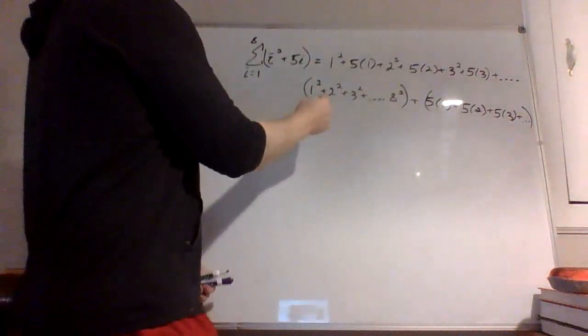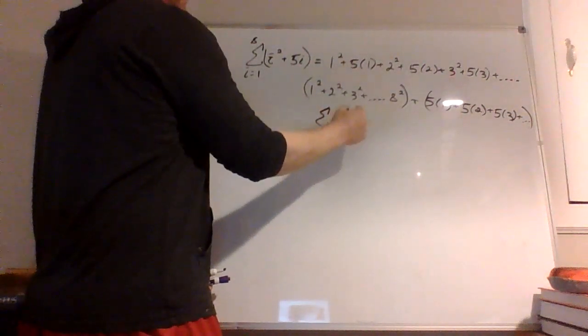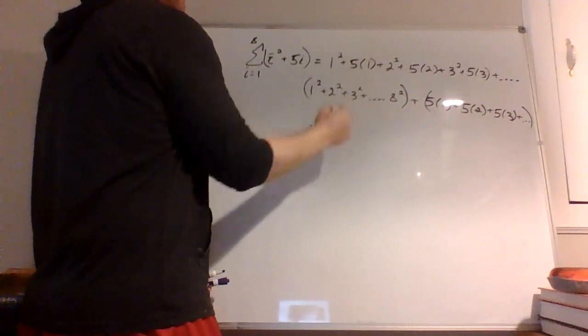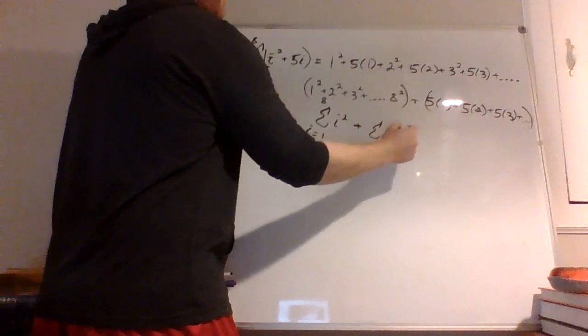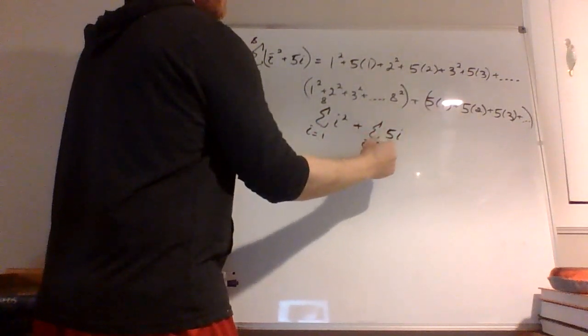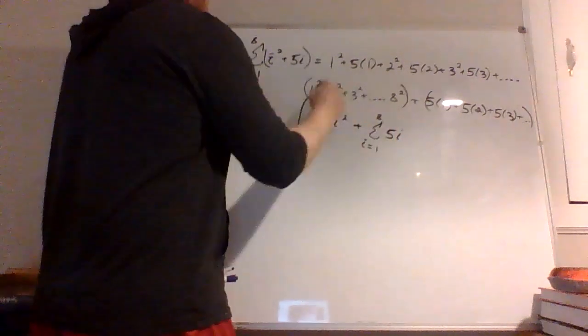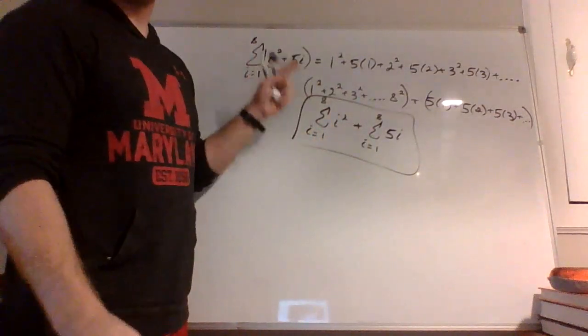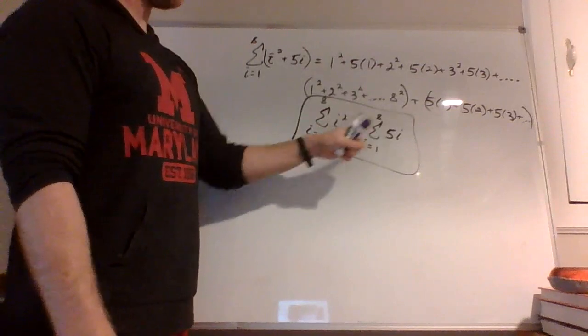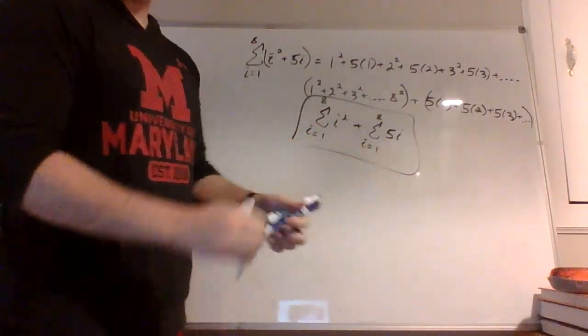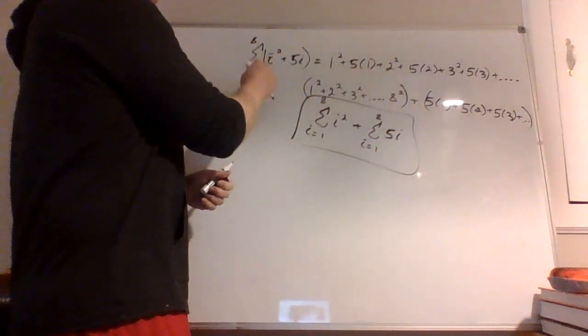So basically, you can just add up all the squared things first, and then you can add up 5 times all the i second. But if you want, these are the same thing. Since the order you add doesn't matter, you can add up all the squared guys first and then add up all the other things.